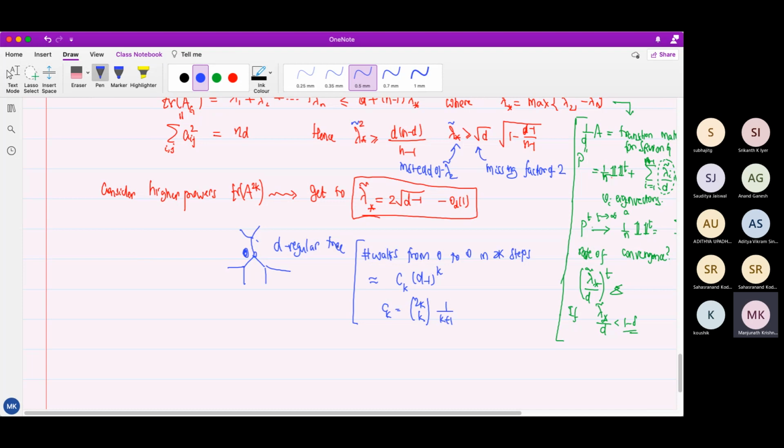It is because the trace of A to the 2k is really the number of closed walks of length 2k on the graph G. Because if you write the trace of A to the 2k in terms of the entries, you get a i1 i2, a i2 i3, a i3 i4, up to a i2k i1.